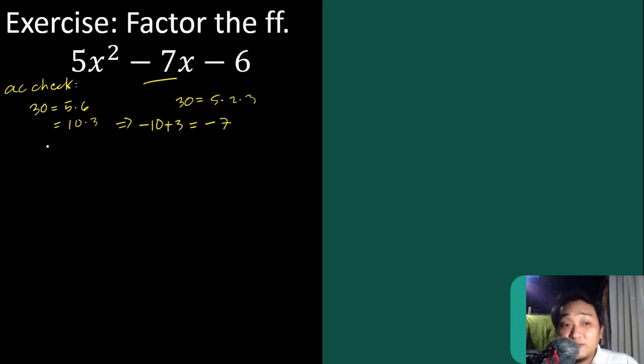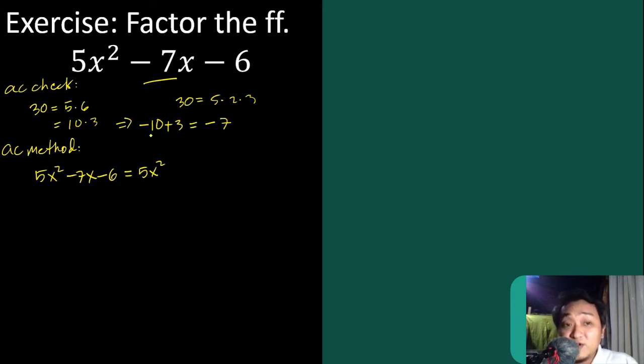Now we are ready to do the AC method. So what are we going to do? We're going to rewrite 5x squared minus 7x minus 6 in such a fashion that we expand the middle term, negative 7x. So that will be 5x squared.